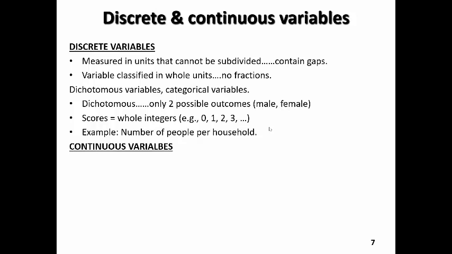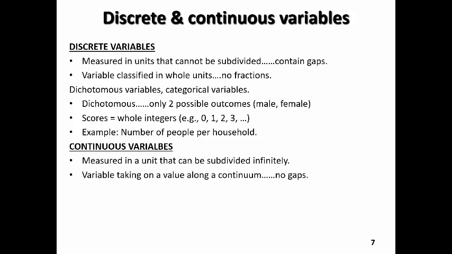A continuous variable, in contrast to a discrete variable, is one in which the measurement can be subdivided infinitely. And as such, the variable can take on a value along some continuum. And so there are no gaps between the possible scores or the possible outcomes like we saw with a discrete variable.